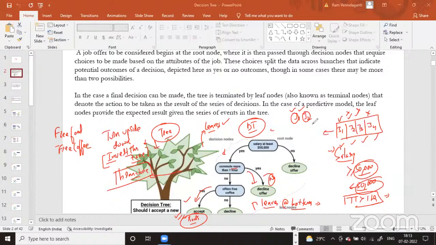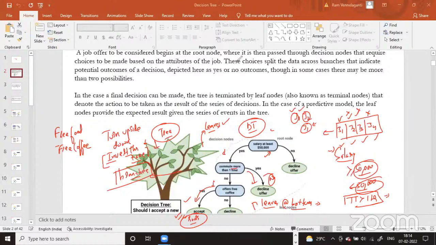So you are finally going to accept the job offer which satisfies all 3 conditions: salary is at least $50,000, commute time is not more than 1 hour, and the company is offering free coffee.